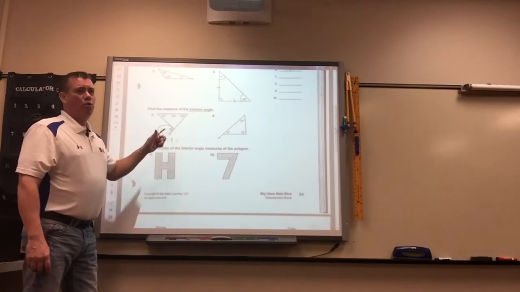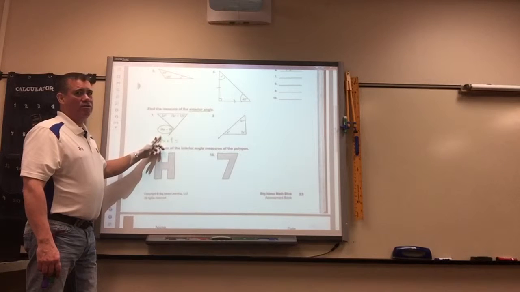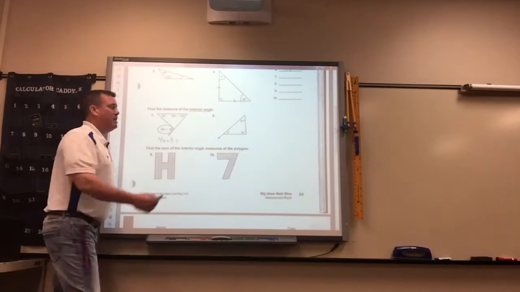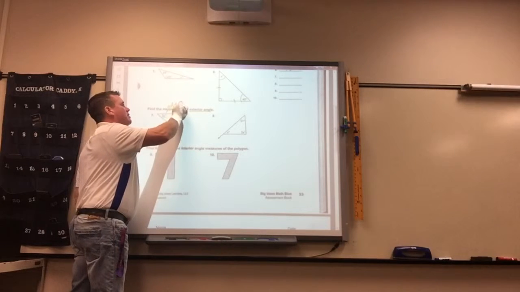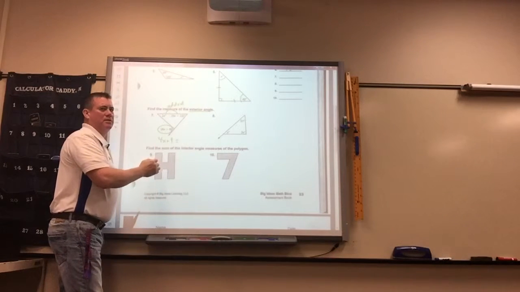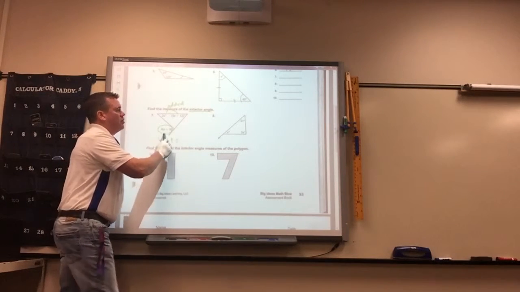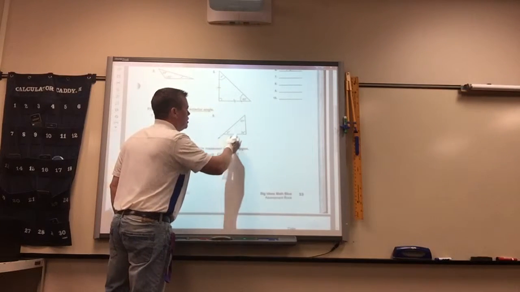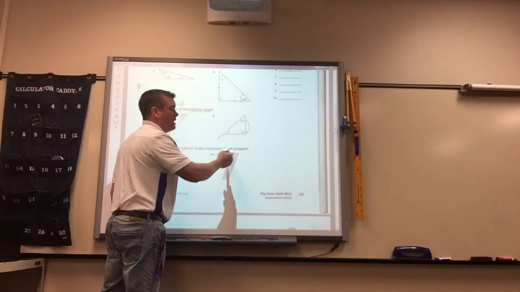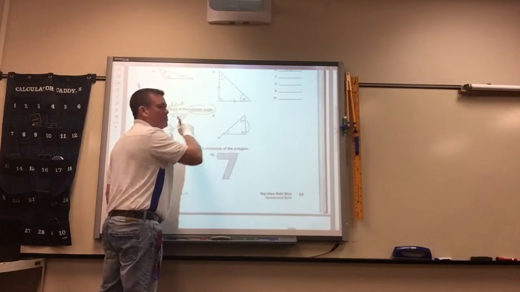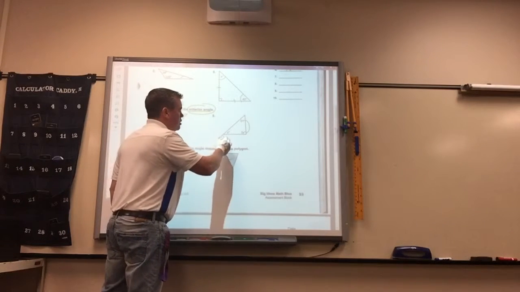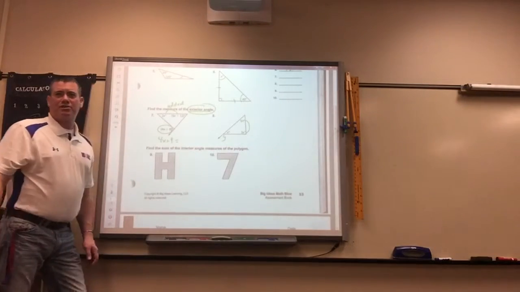But one of them equals the other two interior angles added together. Any exterior angle, right here, would equal these two added together. Even though it's not labeled, that's what they're asking for here, because an exterior is the outside angle.